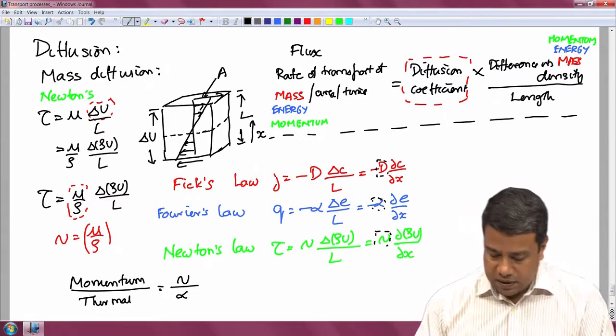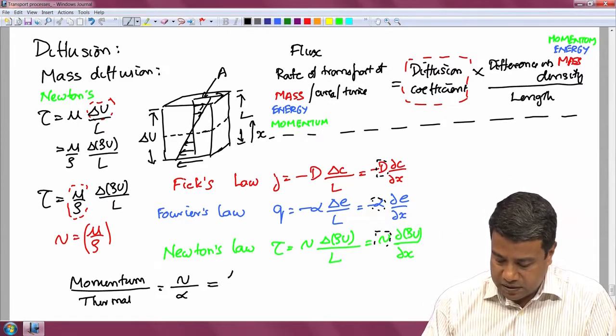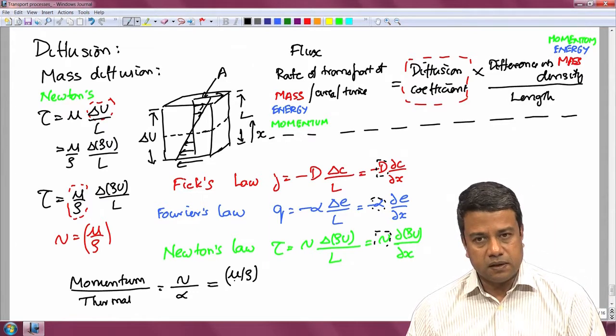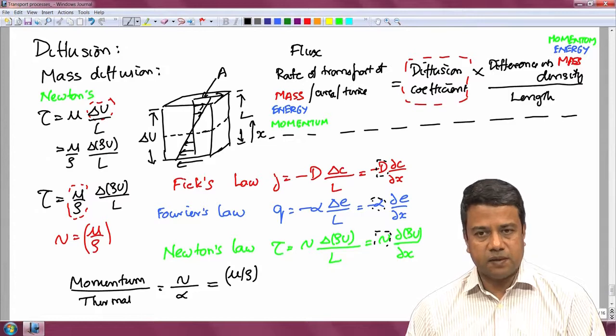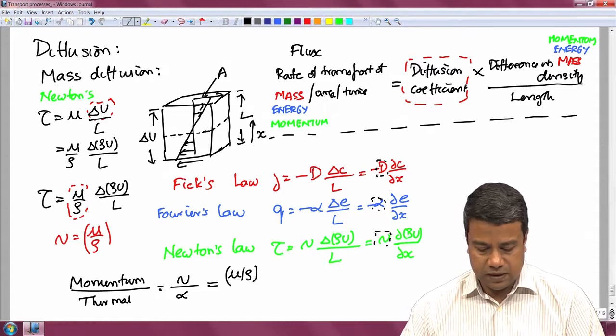I can express that back in terms of the original quantities. This is mu by rho. If you recall, the momentum diffusivity is the kinematic viscosity, ratio of the viscosity and the density.